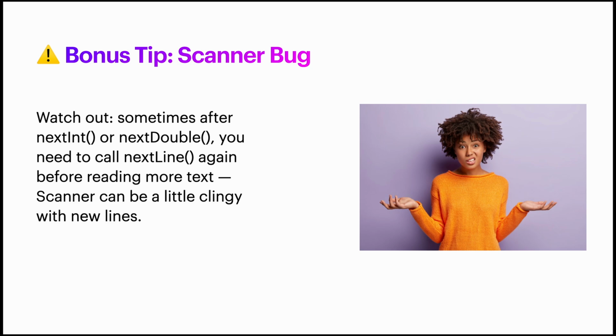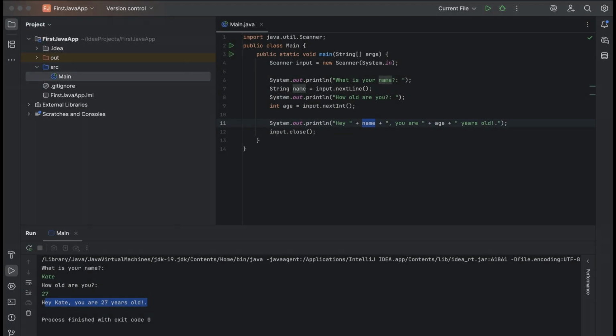Let me show you. In our IDE, you see that we have input.nextInt. So sometimes if there is a scanner bug, all you have to do is type input.nextLine after it and it will fix itself. So that is what it means.